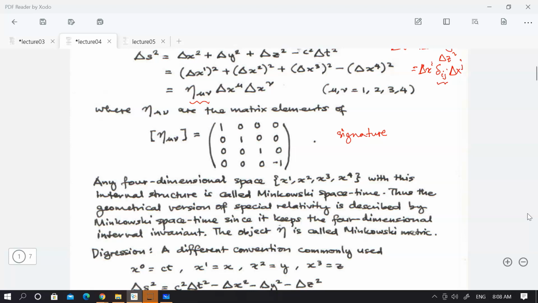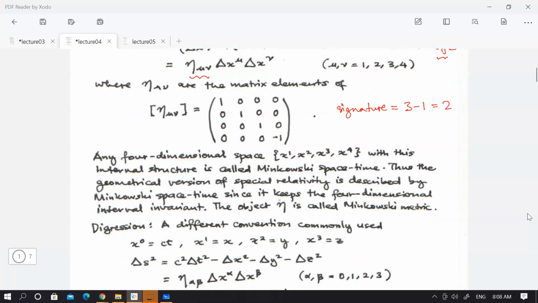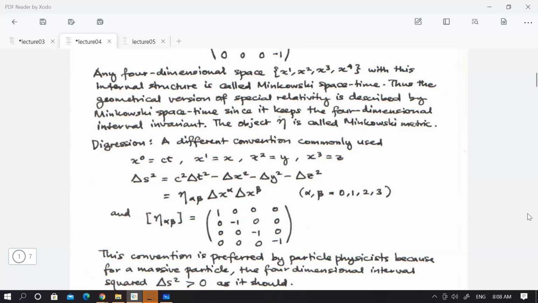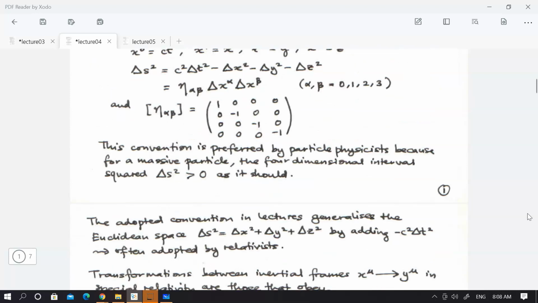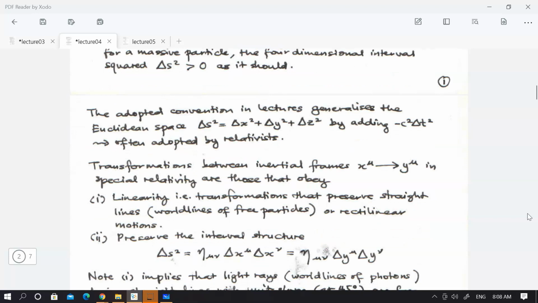So in this case, your signature is 3 minus 1, which is actually 2. In different kinds of convention, like the one below, I think, will have a different signature. These are normally stated at the very beginning of any relativity or even general relativity. You can have different signature.